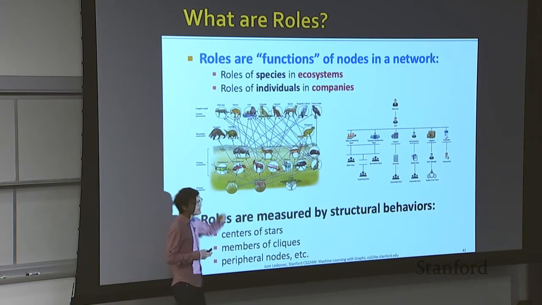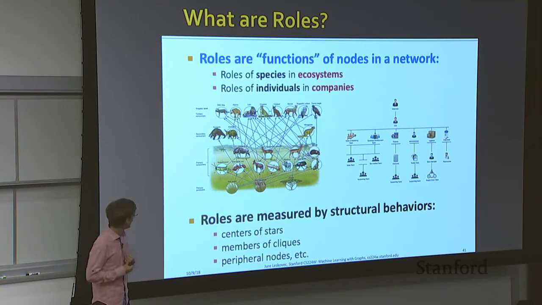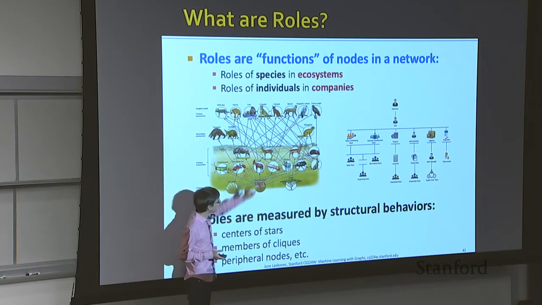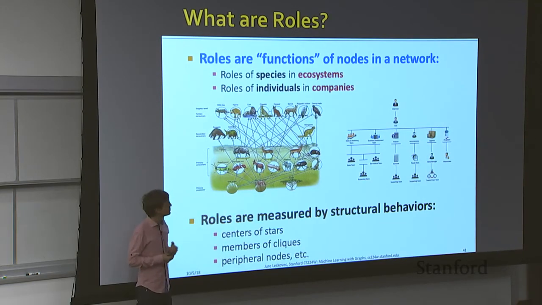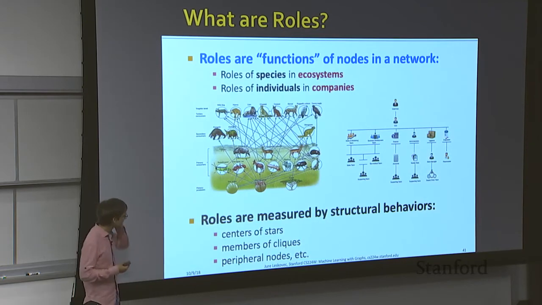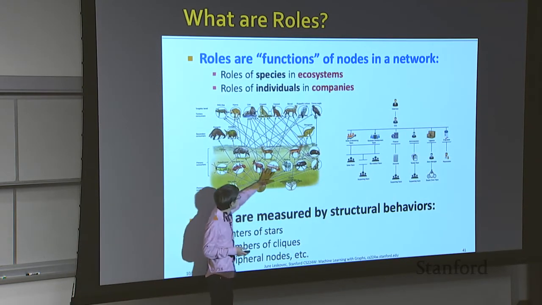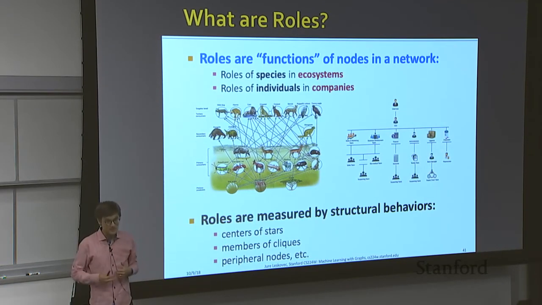Or what are different roles of individuals in organizations or companies? If you have these types of food webs, where there is an edge from the food source to the animal that is consuming that food source, that creates a directed graph. And you could imagine that different types of animals have different roles in these ecosystems.